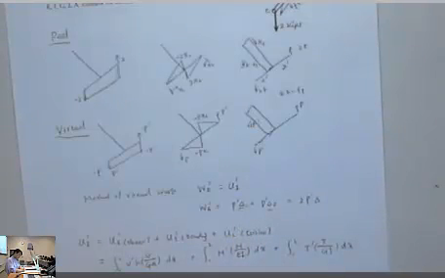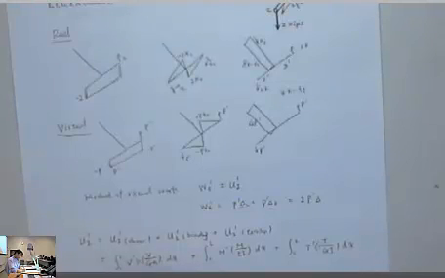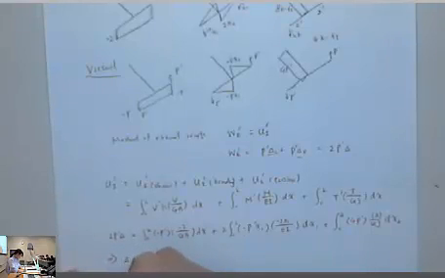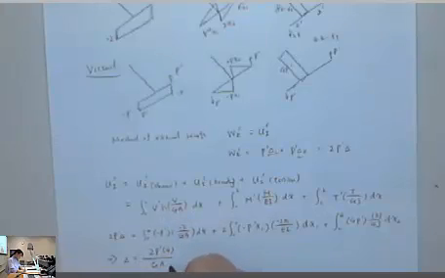And now that we equal this virtual external work to the sum of the internal energy, we will have, and the two P primes will come to the right hand side.